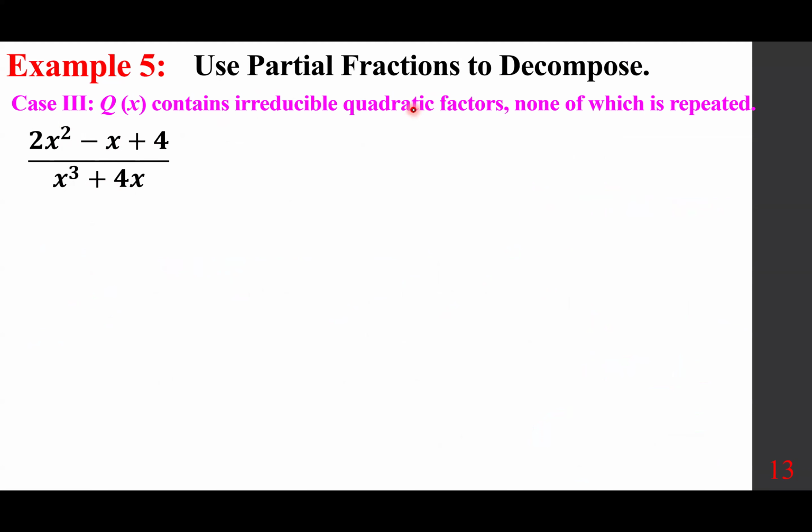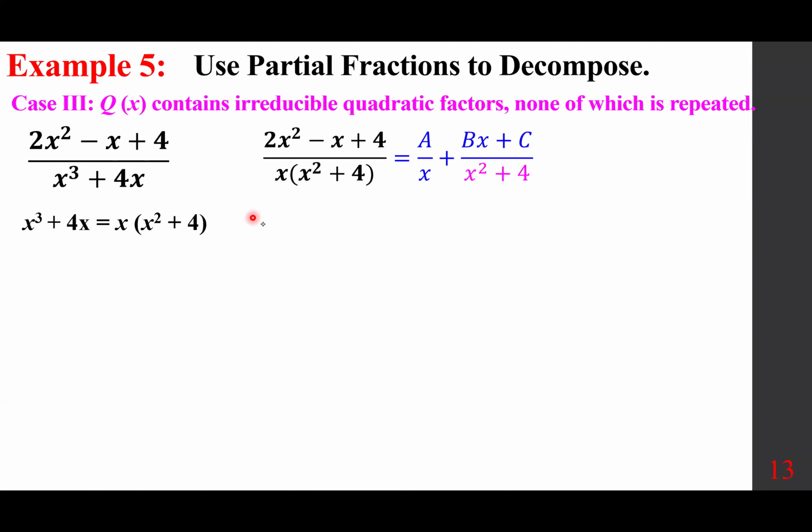As you can see, we can factor this into x times x² plus 4. Therefore, this is a over x and bx plus c over x² plus 4.